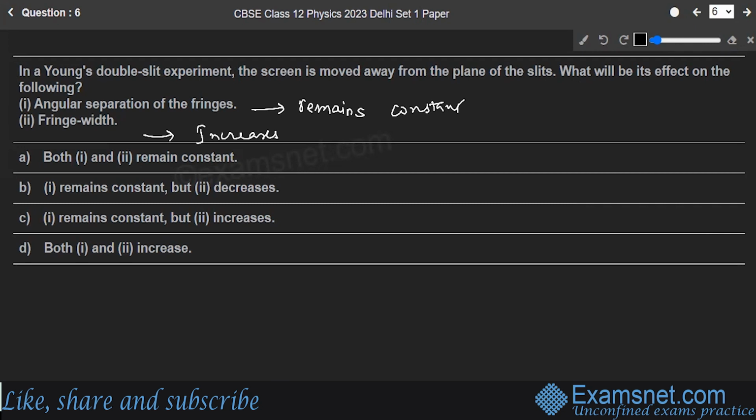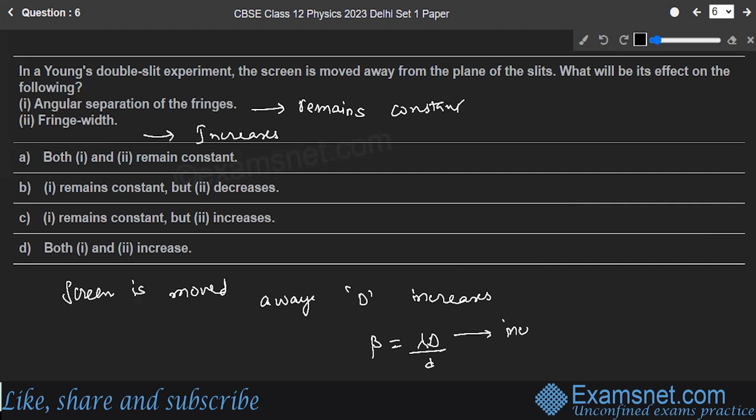When the screen is moved away, D increases, distance increases, right? And you know beta is equal to lambda D upon small d. This D increases when the distance increases, so your beta, which is your fringe width, also increases.